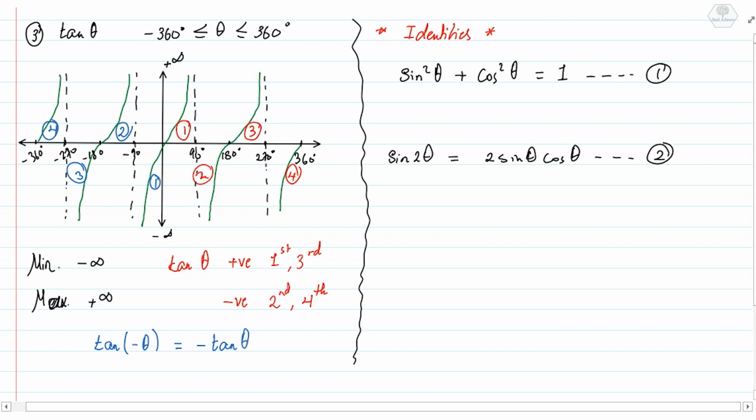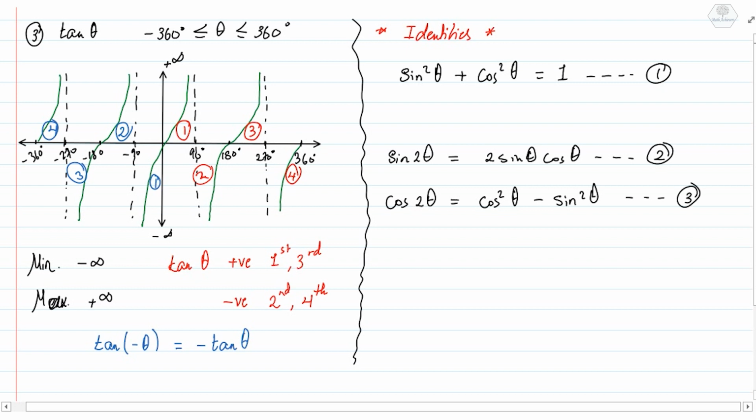And the third one, we have the double angle identity also for the cosine. We have cosine 2 theta is equal to cosine squared theta minus sine squared theta. And this comes in many forms. Why?